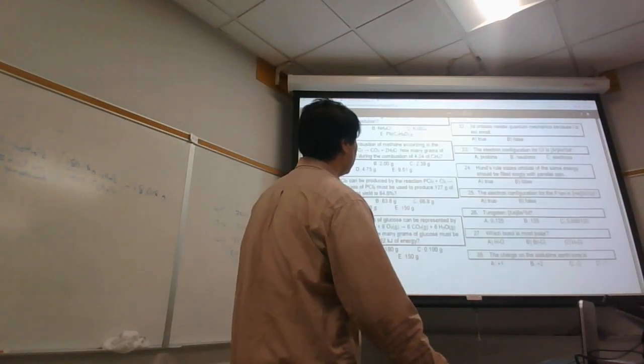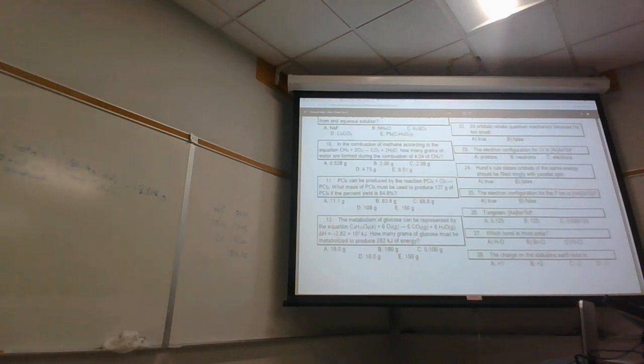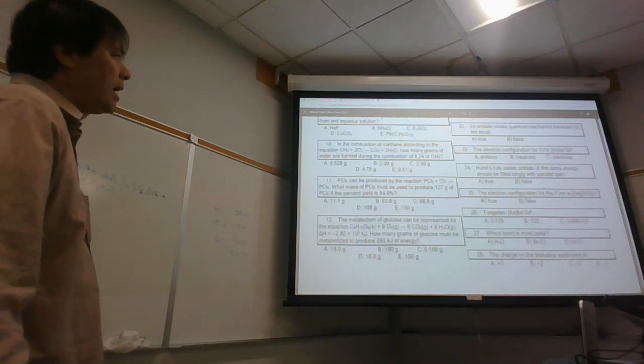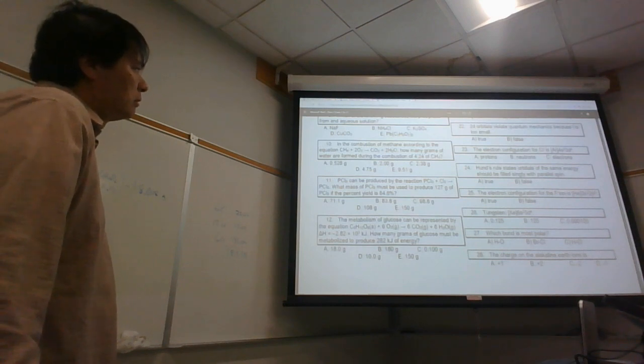The electron configuration for the fluoride ion is helium 2s2 2p6. That's true. Fluorine is helium 2s2 2p5. And if it gains an electron, it fills the second shell there. So that's true. Yeah, the same as neon.